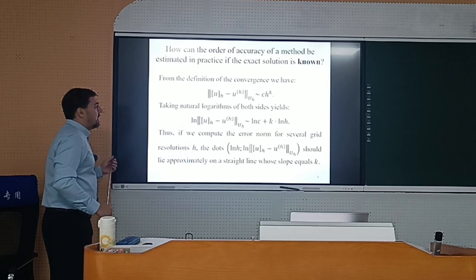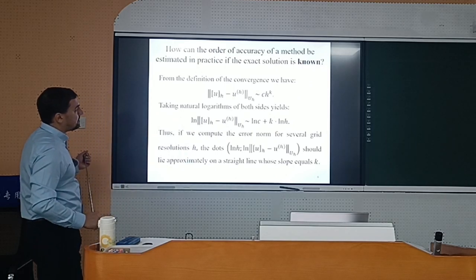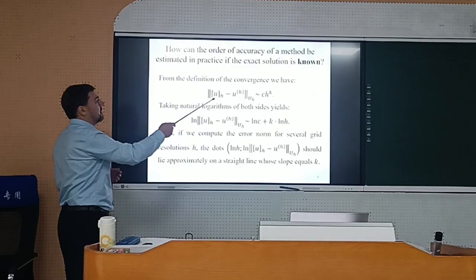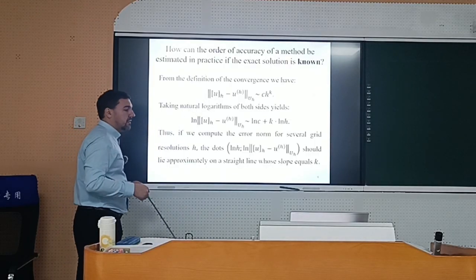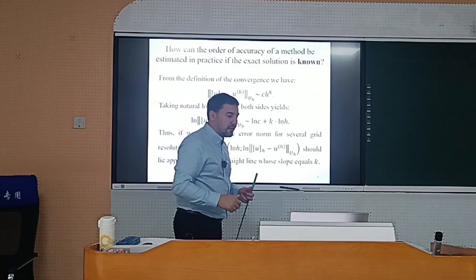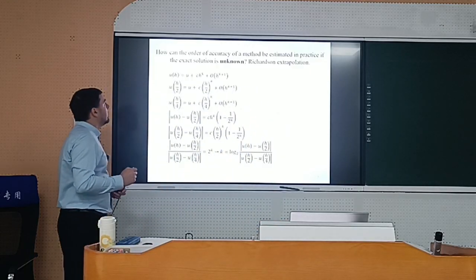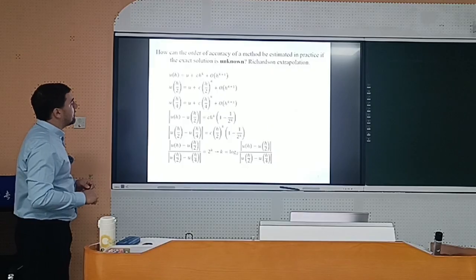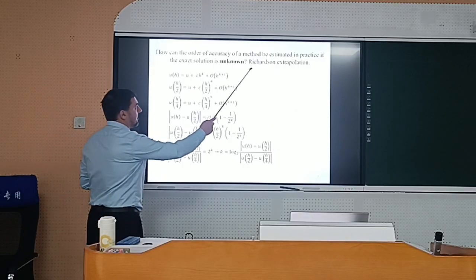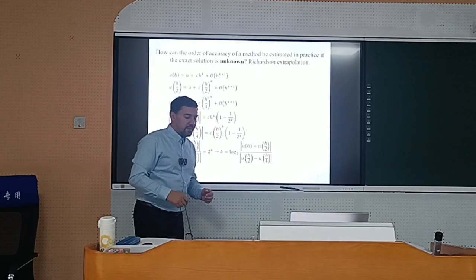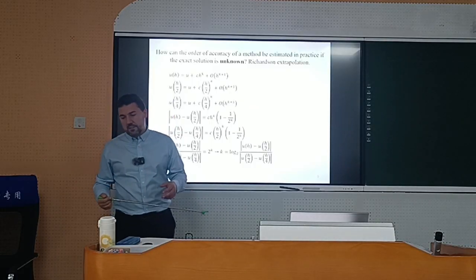What should we do if we know the exact solution, this U in square brackets? But what if not? We can use the approach called Richardson extrapolation. Richardson is one of the founding fathers of CFD.